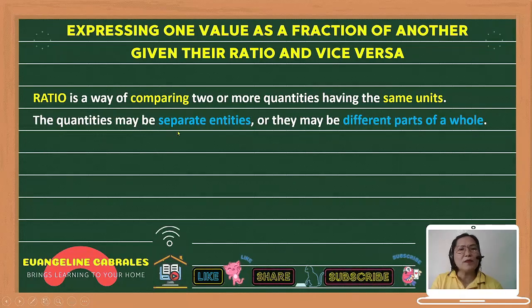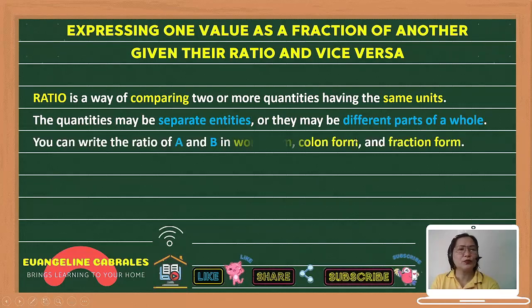The quantities may be separate entities or they may be different parts of a whole. Ang mga bilang na ating ikukumpara gamit ang ratio ay maaari daw magkakaibang entities o bagay or sila daw ay iba't ibang bahagi ng isang buo.